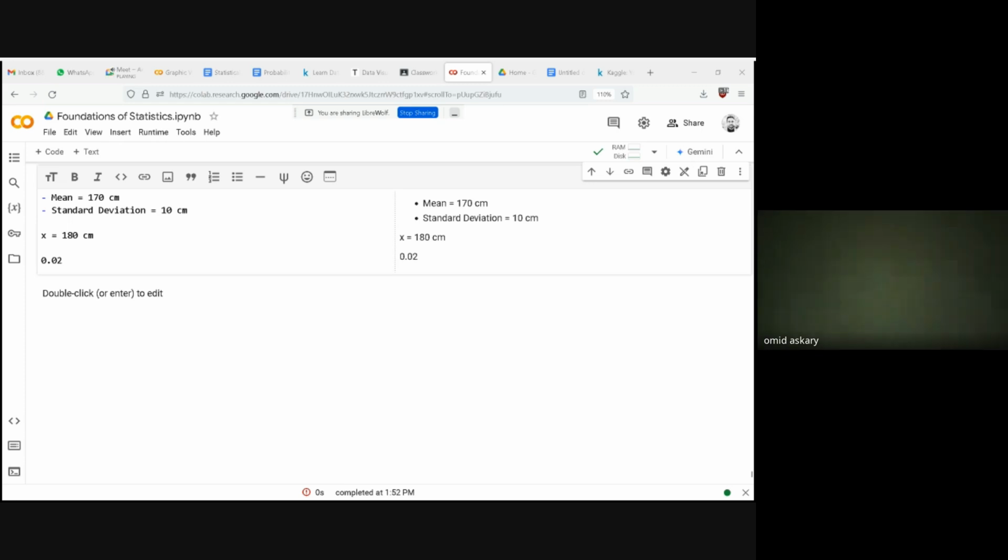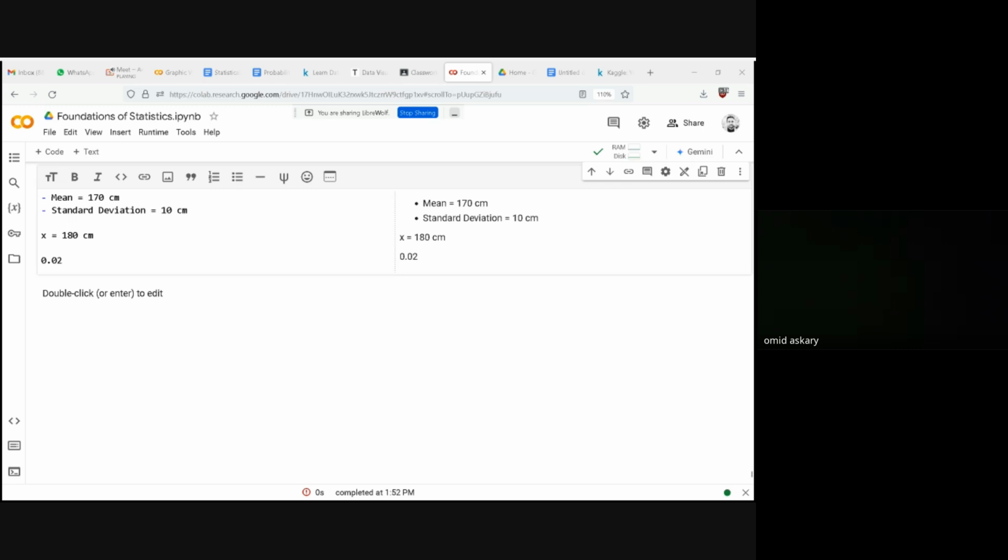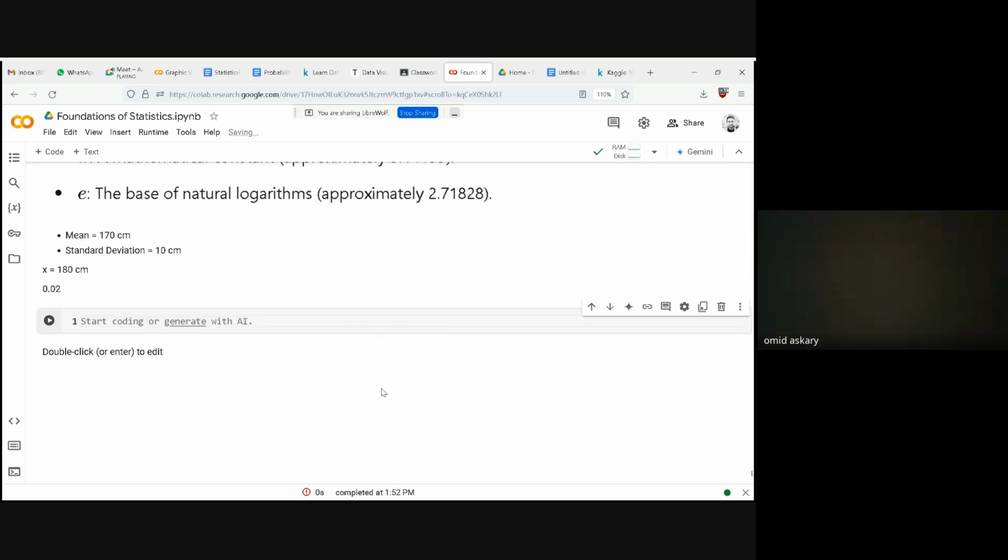So we are not actually defining the probability, but the likelihood of that value. Now let's do this calculation in Python, and you will understand it very easily. This is why the Gaussian probability curve is very important.